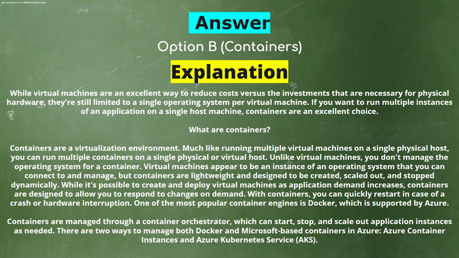Much like running multiple virtual machines on a single physical host, you can run multiple containers on a single physical or virtual host. Unlike virtual machines, you don't manage the operating system for a container. Virtual machines appear to be an instance of an operating system that you can connect to and manage, but containers are lightweight and designed to be created, scaled out, and stopped dynamically.